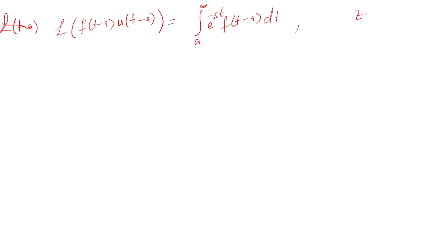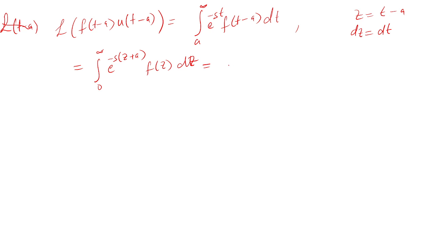But we take z to be t minus a, and on these limits we can write the integral from 0 to infinity of e^(-s(z plus a)) f(z) dz, because dt goes to dz. So this is the overall integral.